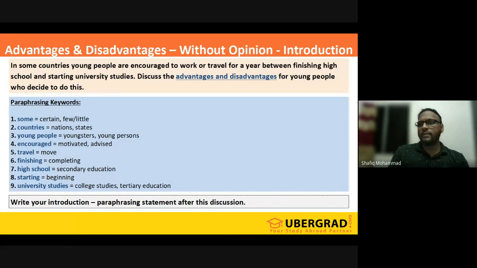And before they begin with the college, before finishing the secondary education and begin with the college. It's not before finishing their secondary education. After finishing their secondary education and begin with the college. Before they begin with the college. Okay, so you can change that.